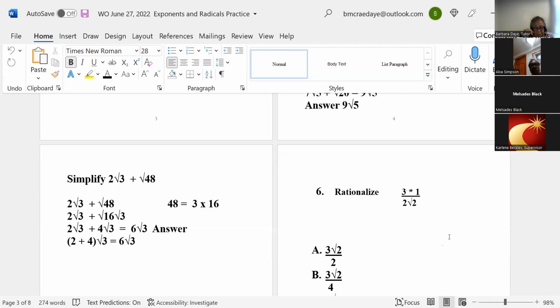How do we do that? By multiplying it by the radical. In other words, the denominator here has a square root of 2, so you're going to multiply this whole expression by the square root of 2 over the square root of 2. And that's 1, right?